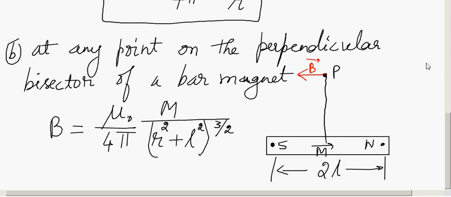The direction is as shown in the figure, that is directed anti-parallel to dipole moment m, or parallel to m and in a direction opposite to m.